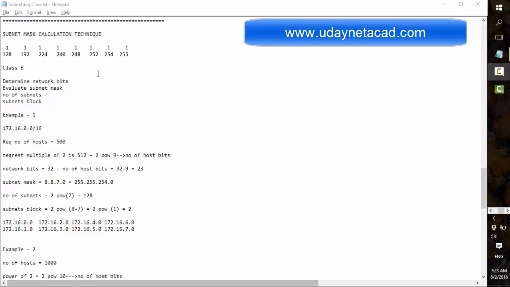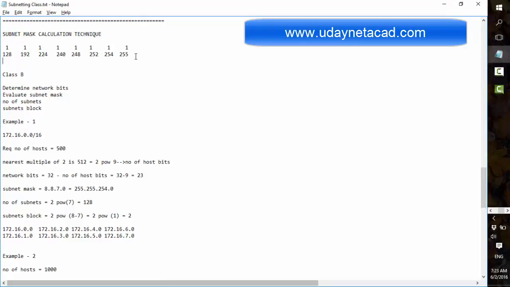So coming back to our topic for today, subnet mask class B. Before I start evaluating the class B addresses specifically, let me tell you a technique for subnet mask calculation. These ones, what you are seeing here, are 8 ones representing the 8 bits of an octet: first bit, second bit, third, fourth, and so on.